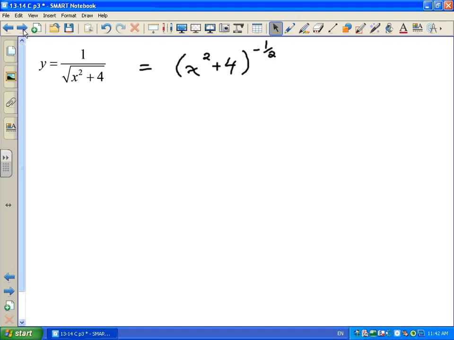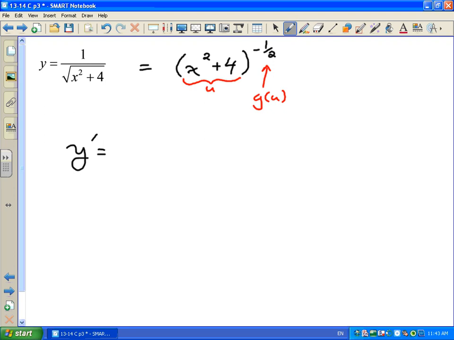So now we know that we've done enough of these, I think, that this thing inside here is u, and this something to the negative 1/2 is our g at u. So let's just jump right in and do our derivative here. If I'm taking the derivative of g at u, I can sort of imagine that this thing that I have here is just a power function.